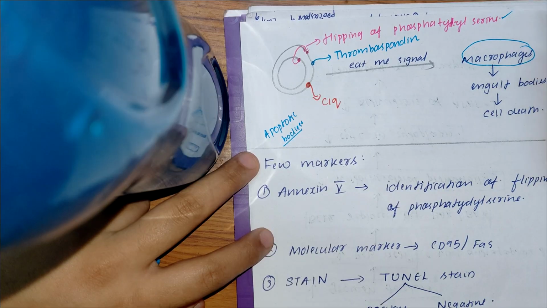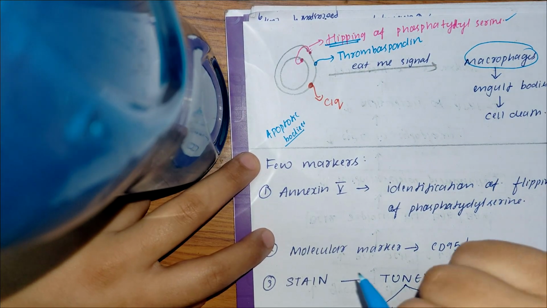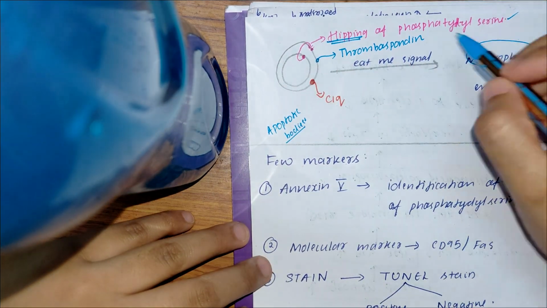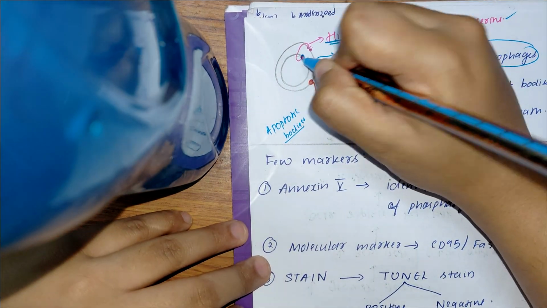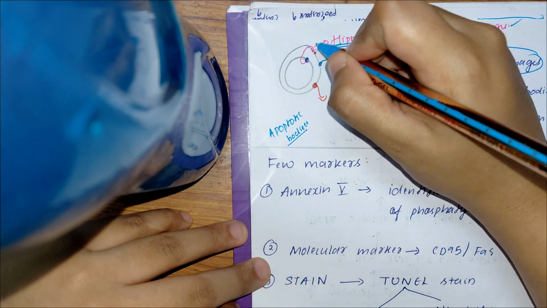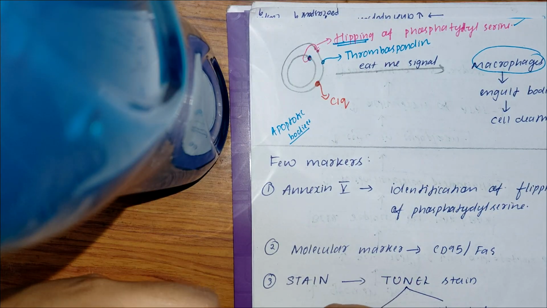And one more thing you have to see over here, I have written flipping of phosphatidylserine. So what do you mean by flipping? In a normal healthy cell, the phosphatidylserine will be present on the inner side only. Since apoptosis is happening, it will flip to the outer membrane. So don't you think it will be a good marker?